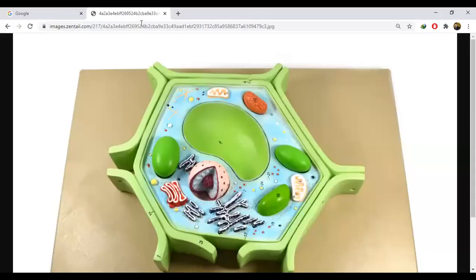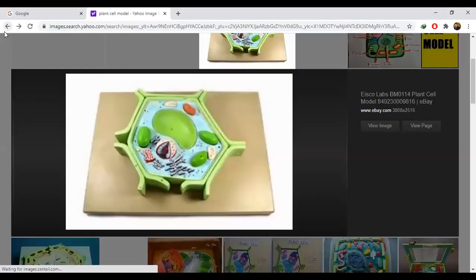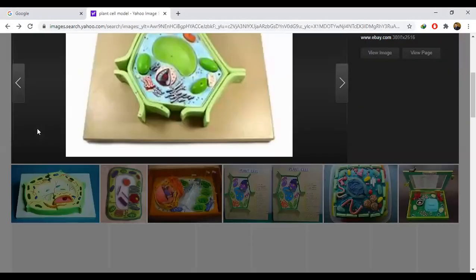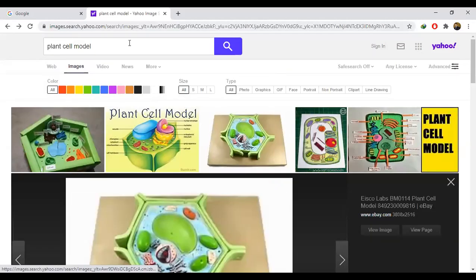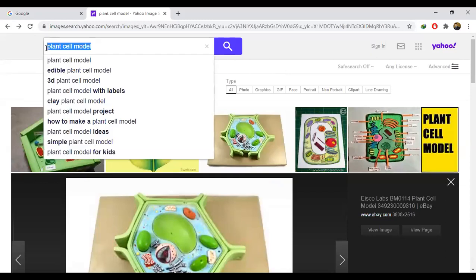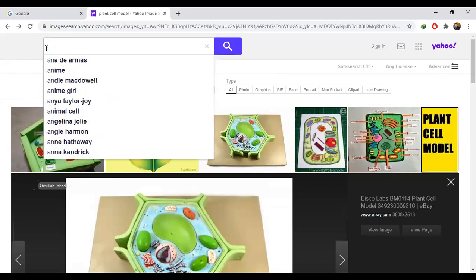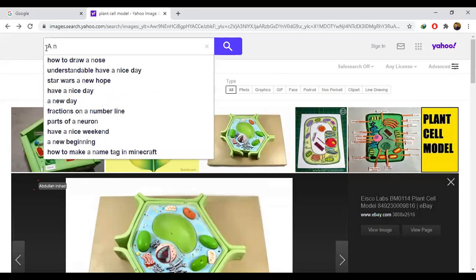If you are clear, you can go back to the next cell. Which cell are we going to discuss?